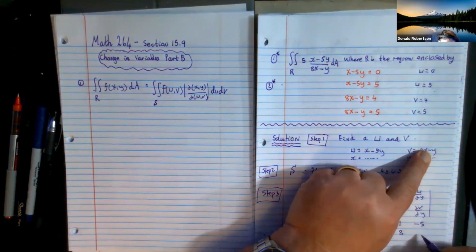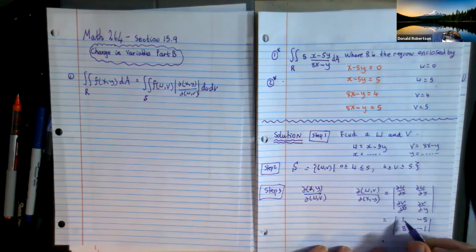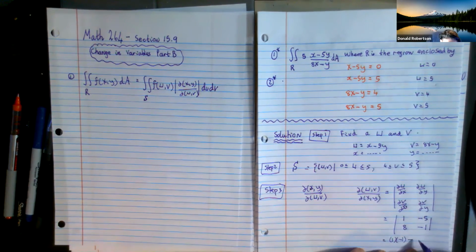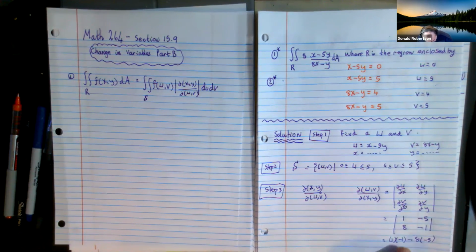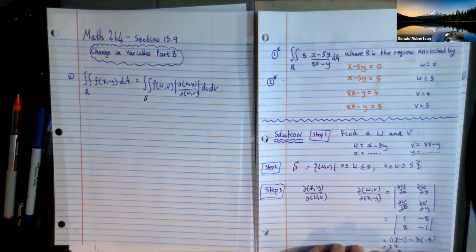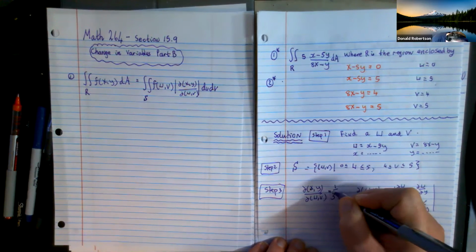You differentiate this with Y, you get -1. And this guy becomes major diagonal 1 times -1, take away minor diagonal 8 times -5. That's 40. That is 39, I believe. That makes this guy 1 over that.